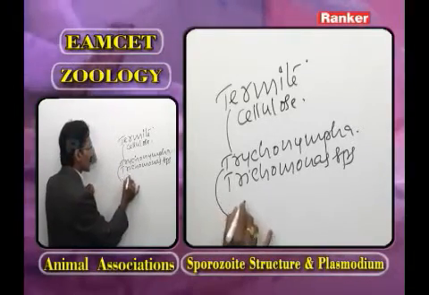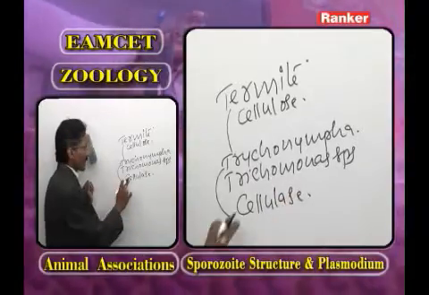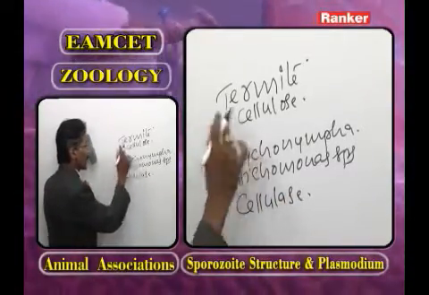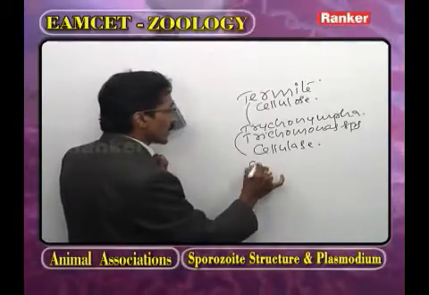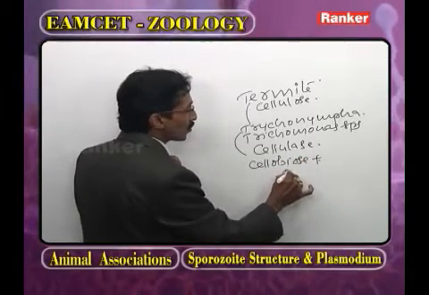These two secrete an enzyme called cellulase. The cellulase digests the cellulose into cellobiose and glucose.